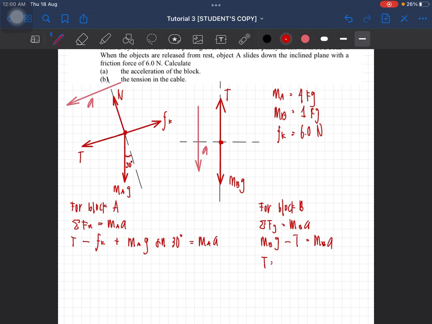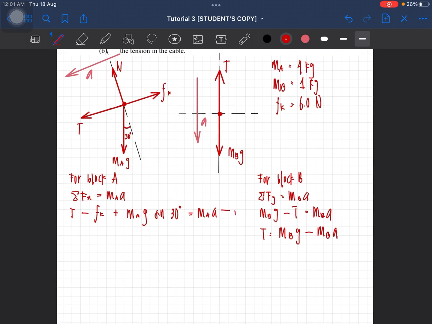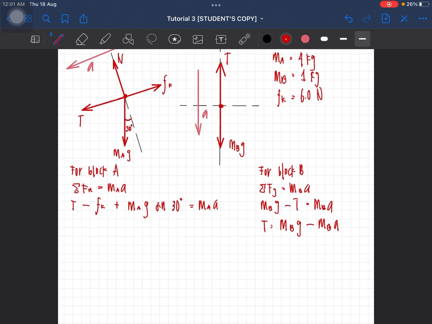Bukan find T, we are gonna substitute T into this equation here. Okay, so T is equal to mbg minus mba. Equation 1. Equation 2. Salah ba ni? Equation 1. This one is equation 2. Okay, so substitute 2 into 1.